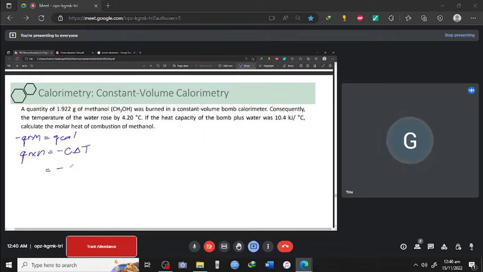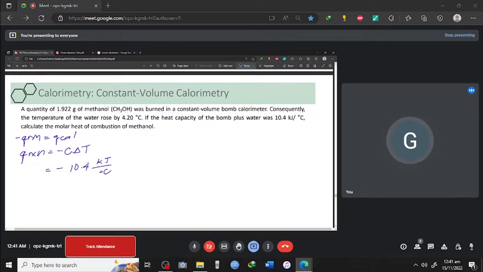So, that would be negative 10.4 kilojoules per degree Celsius. Ngayon, siguro you might be wondering, no, asan yung temperature natin? So, as you can see, meron lang tayong iisang temperature dito. 4.20 degrees Celsius.